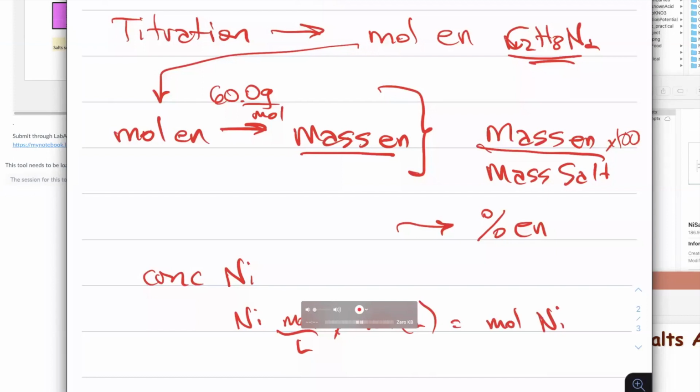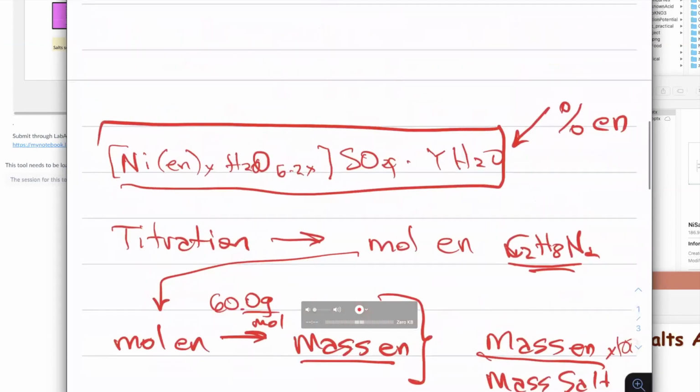That moles of nickel is also the moles of your sulfate, by the way. Why? Because in the formula, for every 1 mole of nickel, you also have 1 mole of sulfate. Those are the only two species that are charged, and they have to be equal to each other. Otherwise, the compound won't be neutral.